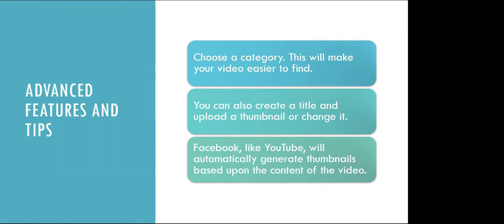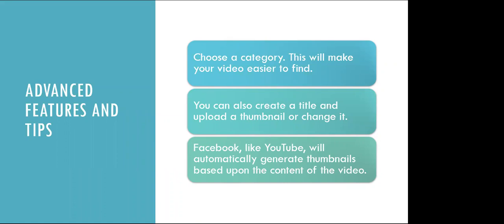So always remember to choose a category on Facebook for that particular video. You also want to create a title and upload a thumbnail or change your thumbnail. A thumbnail is the picture capture that you see if somebody goes to that live, which you can also change in your Facebook edit.